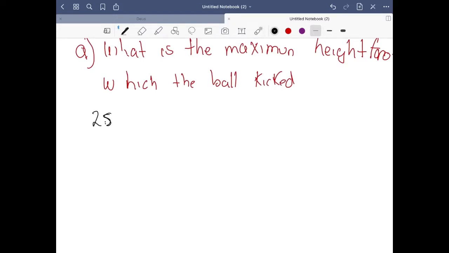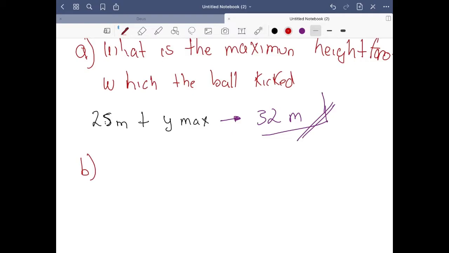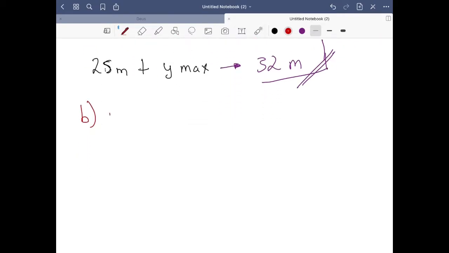For letter B, using the projectile motion equation previously, we got the angle, which is the initial angle for this problem. What is the initial angle at which the ball is kicked? It's 27 degrees. I got this angle because I used the projectile motion equations, for which we have to calculate the initial velocity.